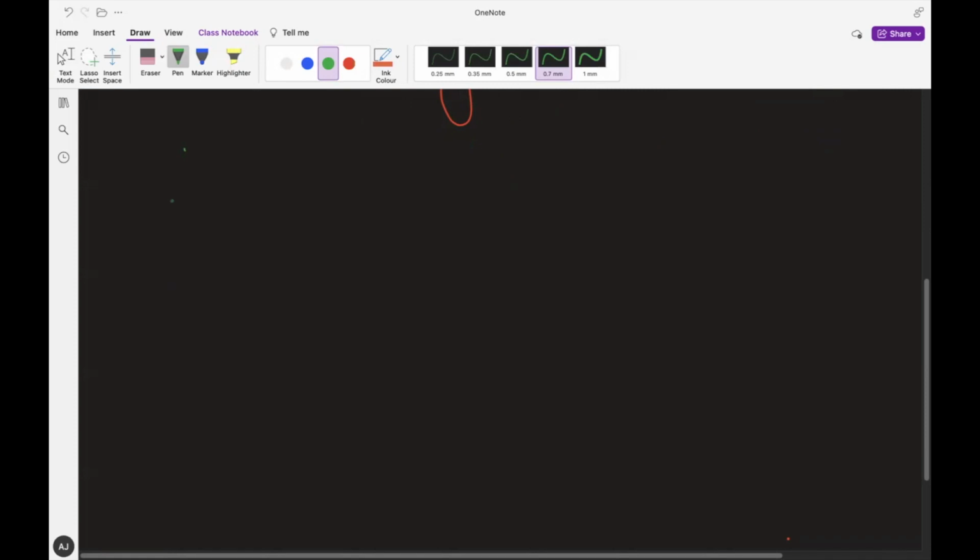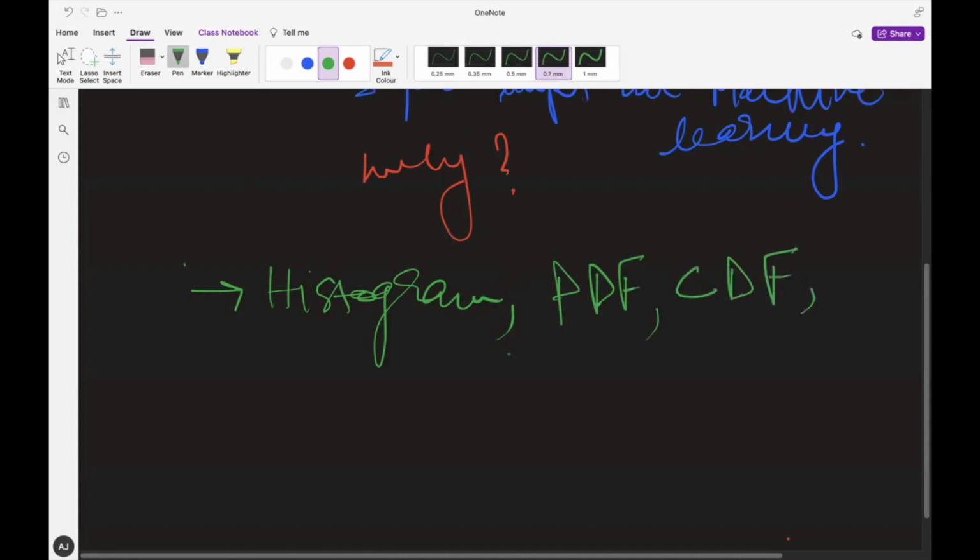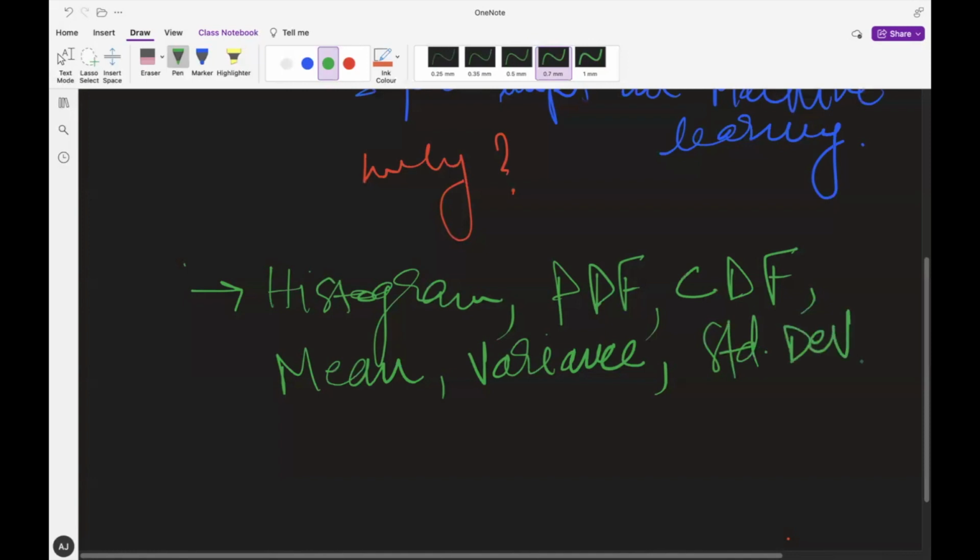In the exploratory data analysis playlist, we have learned some concepts such as histogram, PDF (probability density function), CDF (cumulative distribution function), mean, variance, standard deviation, etc. All these are actually concepts in probability and statistics.